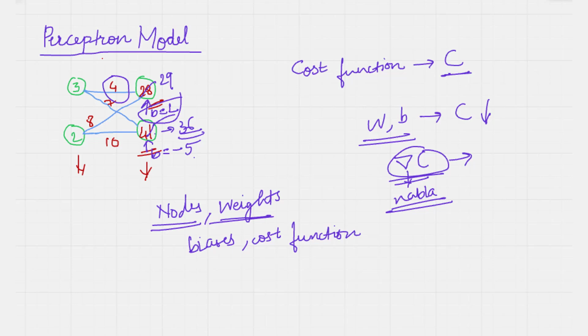Here's how a neural network runs step by step. First, we feed some input data. So here we have 3 and 2 as input data to the first layer. Then this data gets multiplied with their respective weights, and then we add some bias to it, and then pass it through a function to activate each node.